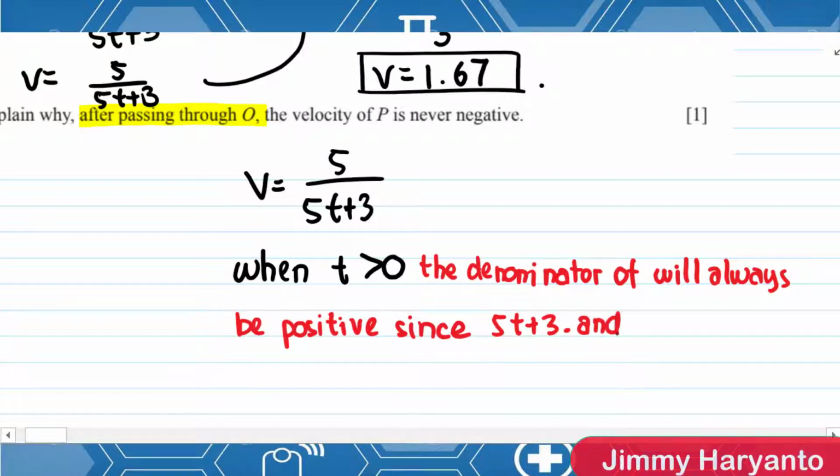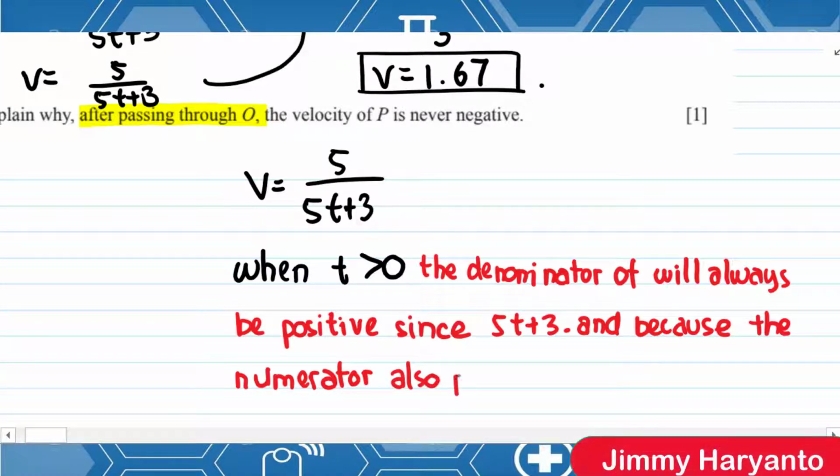And because the numerator is also positive, then the velocity will never be negative.